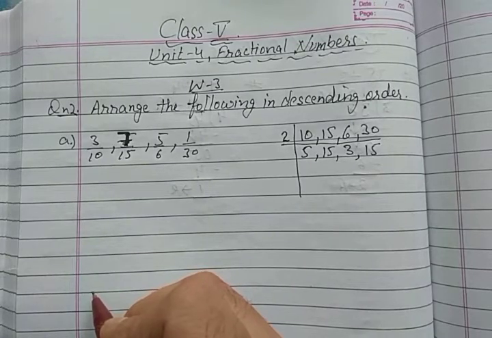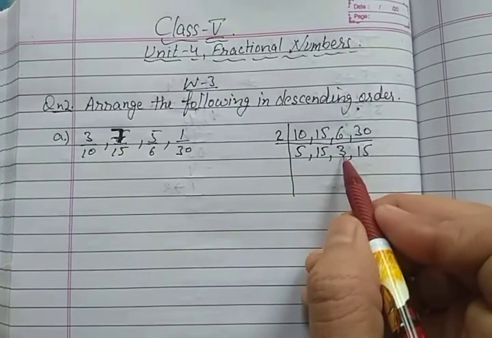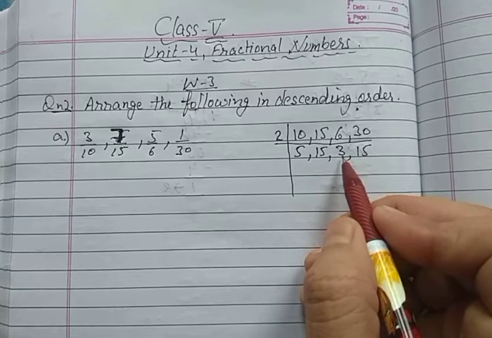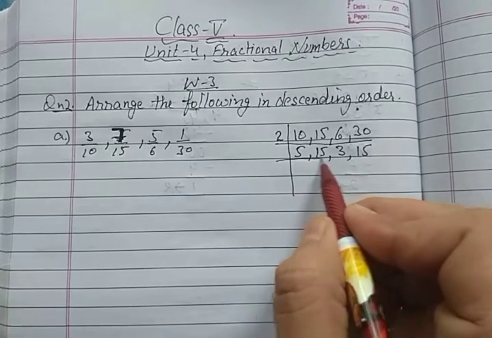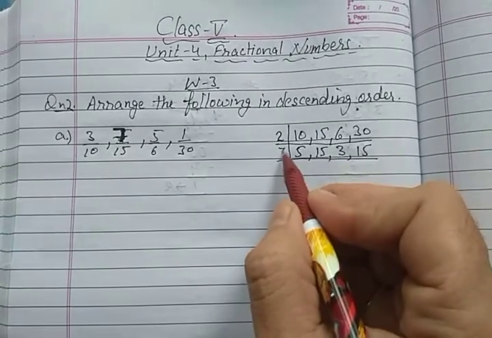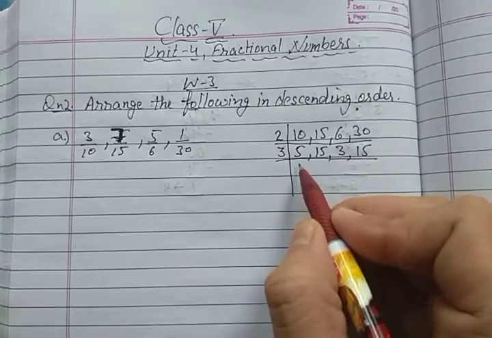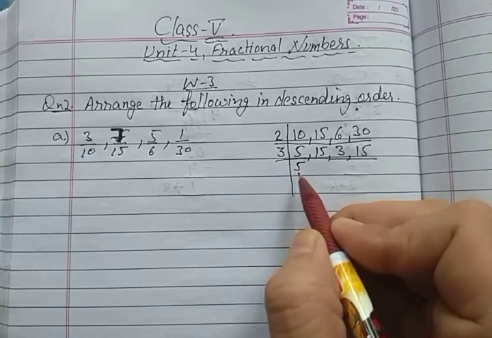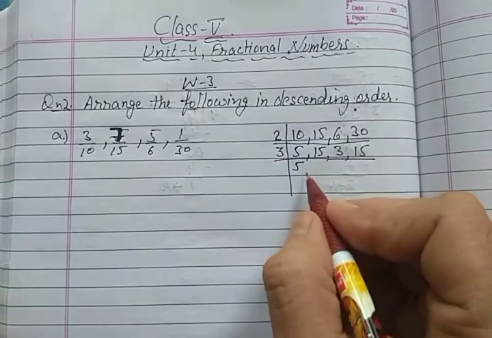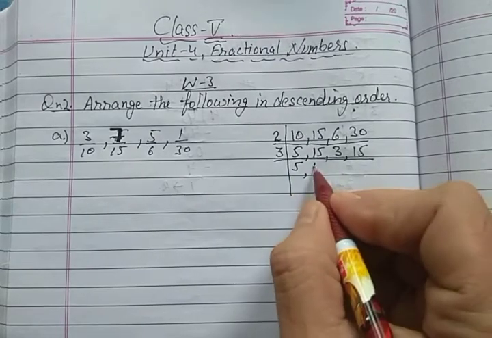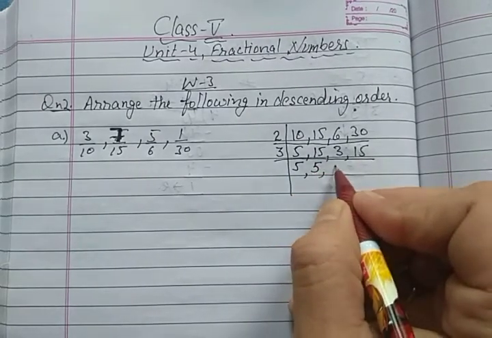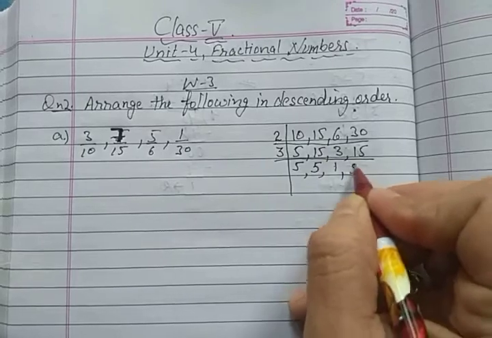Then you can see here 3 comes, so we will take 3 because we have to take only the prime factors. 5 does not come in the table of 3, so we will write 5 as it is. Then 15, so 3 5s are 15, 3 1s are 3, and 3 5s are 15.